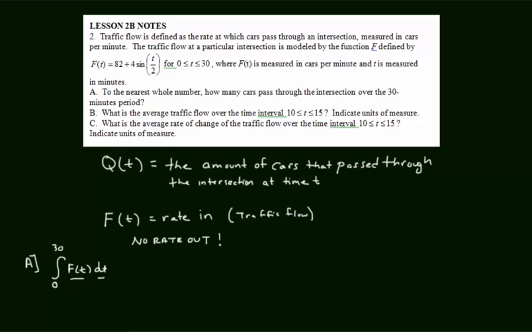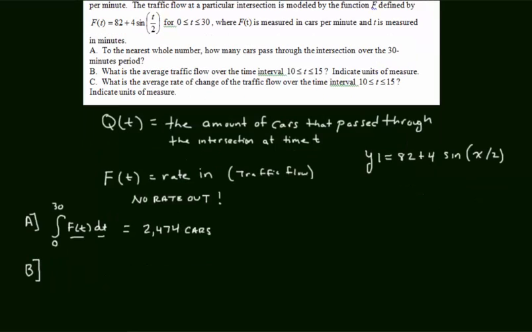And we're summing up all these rate times times, and that's going to give us 2,474 cars. What I have done is entered my f of t function into the y1 as f of x. Please make sure you're in radians. Perhaps your answer is close, but not exactly the same as mine. There's a good chance you might be in degrees.